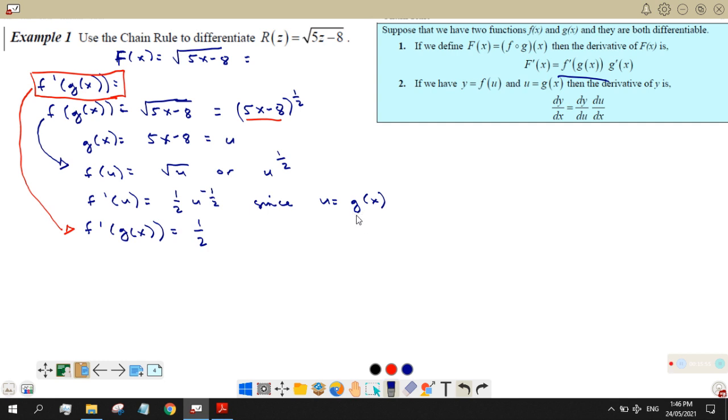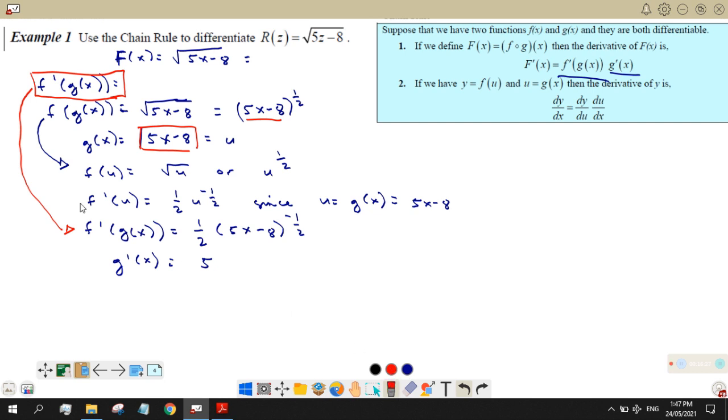Replace natin si u by g of x, which is 5x minus 8. Magiging 1/2 times 5x minus 8 raised to the negative 1/2. Now, ang last na term natin ay g prime of x. Ano ang g prime of x? Kunin natin ang derivative nito. Ang derivative ng 5x minus 8 is just 5.